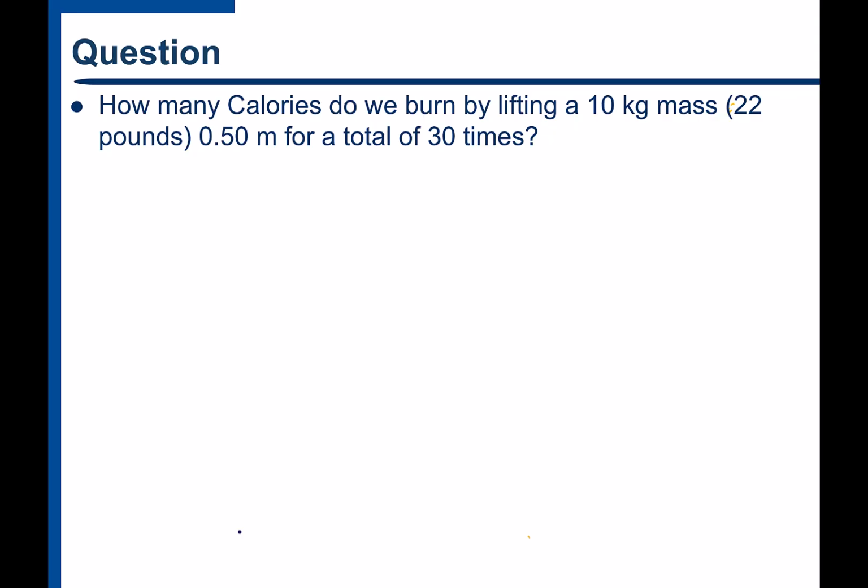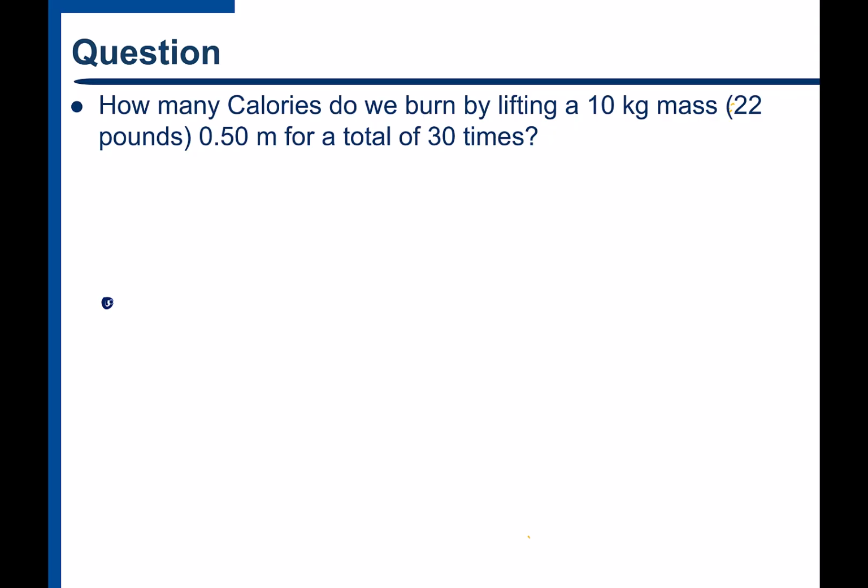So imagine that you're at the gym and you take that 22-pound weight and you lift it up and you do that 30 times. So the first thing we want to do is calculate the work to lift the weight once. You'll notice we have to calculate what the force is that we're exerting.